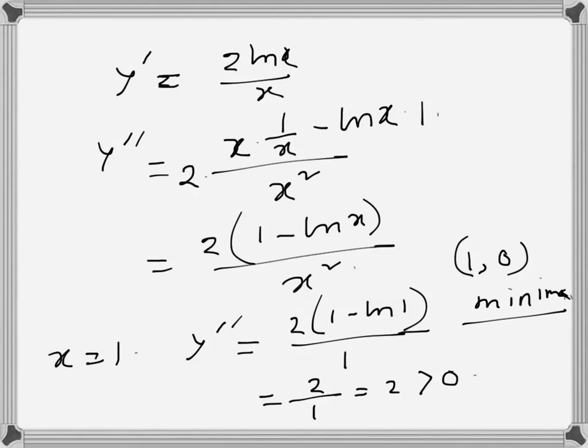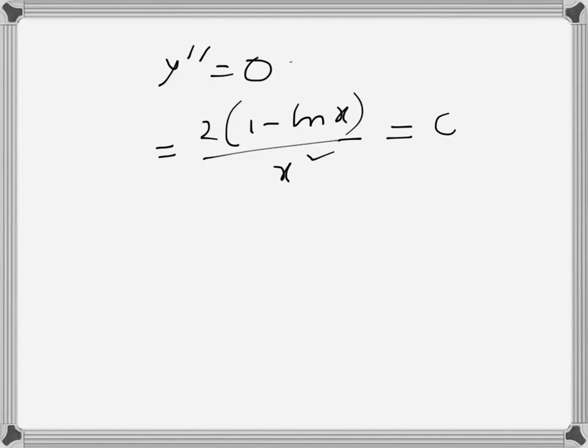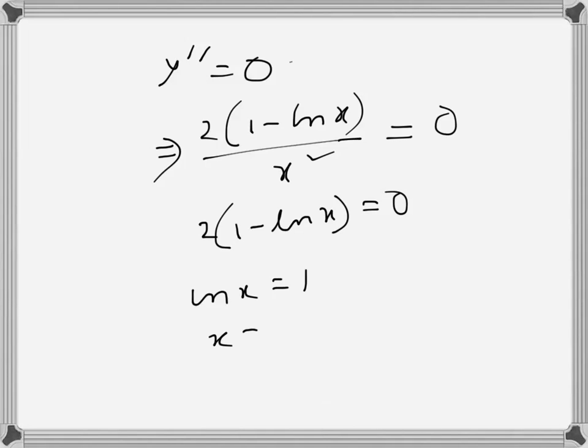So we know that. Now in order to find the point of inflection, we need to equate the second derivative to 0. So y double prime will be 0 at the point of inflection. So that is 2 times (1 minus ln x) over x square equals 0. So the numerator 1 minus ln x will be 0, which is ln x is equal to 1, so x is equal to e.